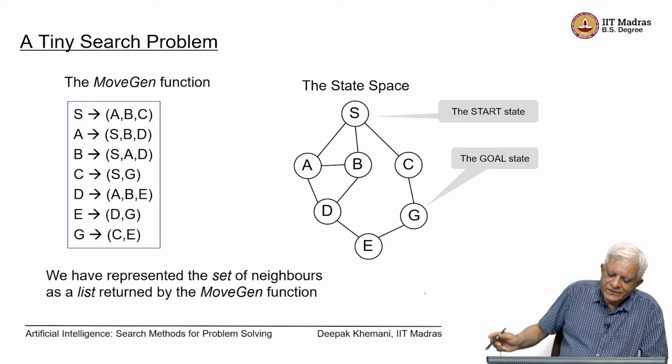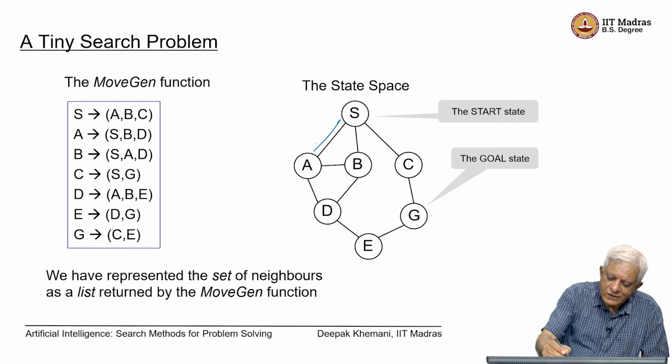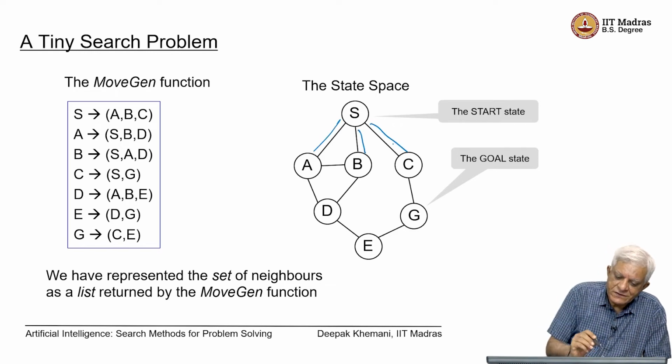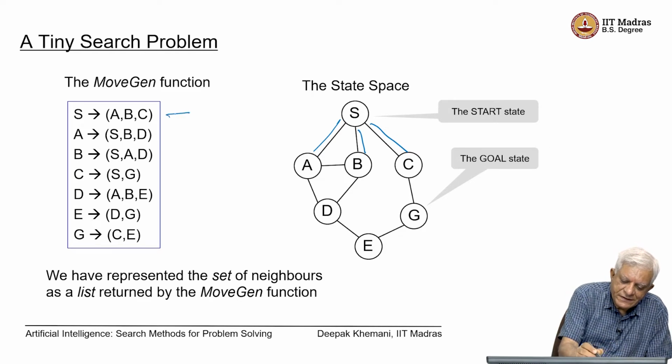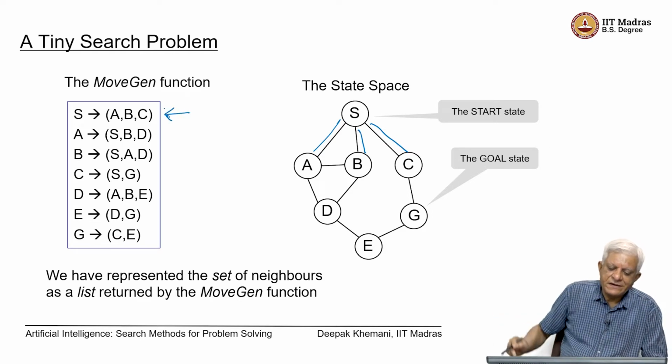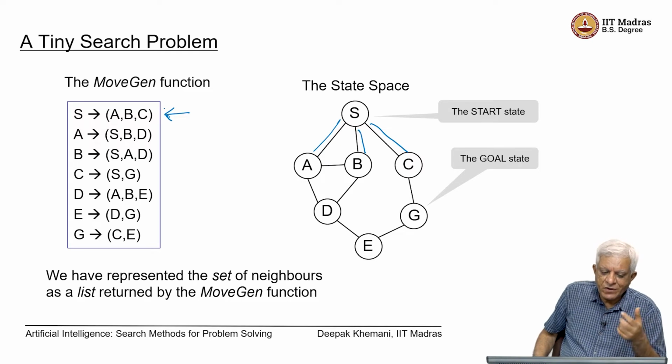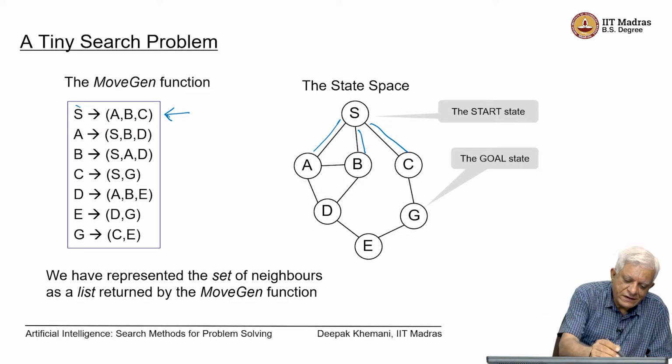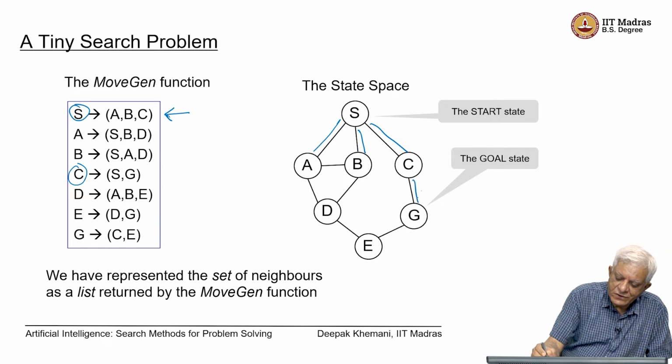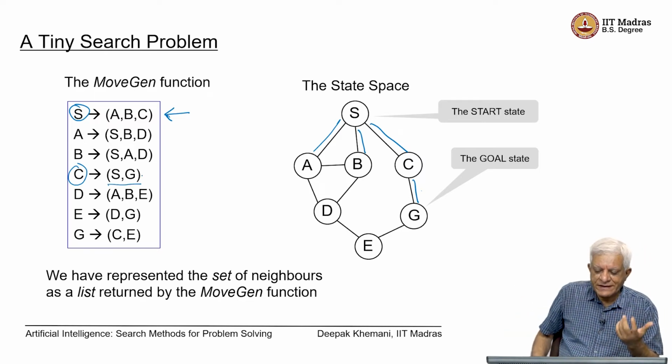If you look at S, for example, from S you can go to A or to B or to C. That is what the move gen function should give us, and we have represented this as a list returned when we call the move gen function with the input S. If we give the input as C, then from C you can either go back to the start node S or you can go to the goal node G. So, the move gen function will return S and G to us.